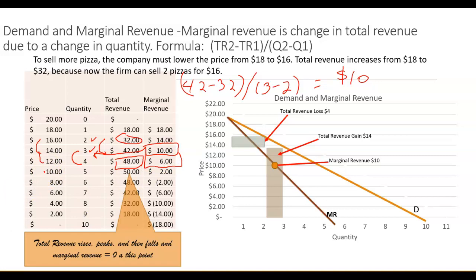We do 48 minus 42 over 4 minus 3, and that gives us $6 of marginal revenue. So as we're going from the third unit to the fourth unit of production, we're going to get like $6 worth of incremental revenue.